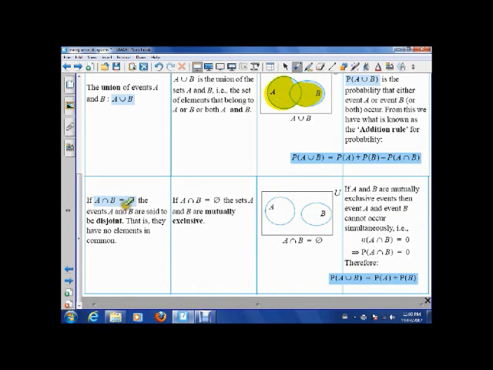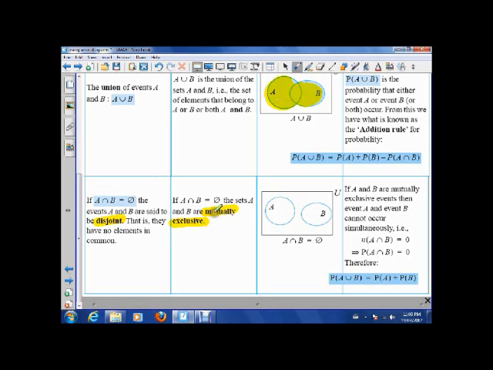One piece of terminology that you need to know is what happens when sets are disjoint or mutually exclusive. If the intersection is 0, as you see here in the Venn diagram, there is no intersection. The events are called disjoint, and they're also called mutually exclusive.